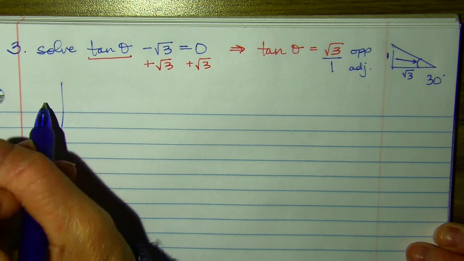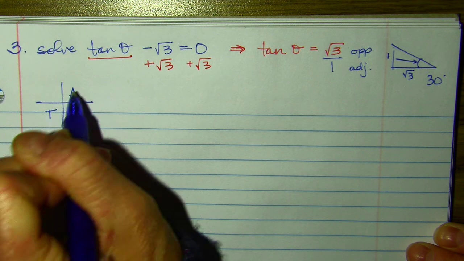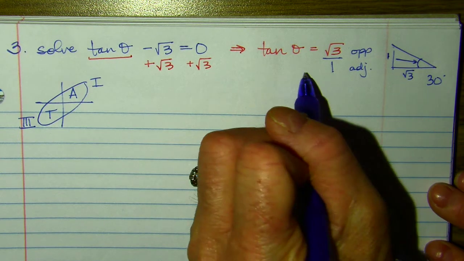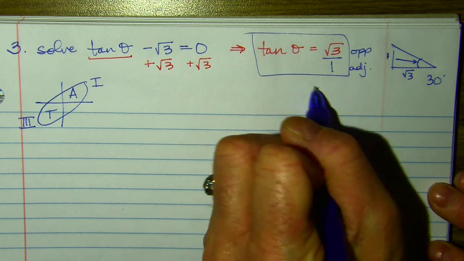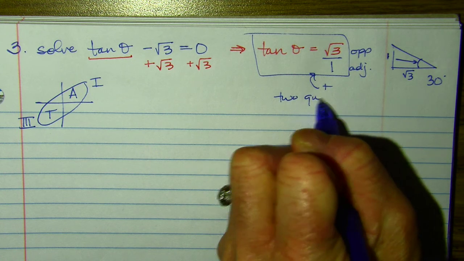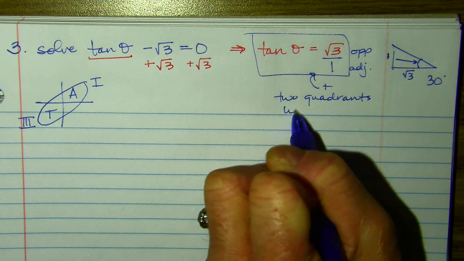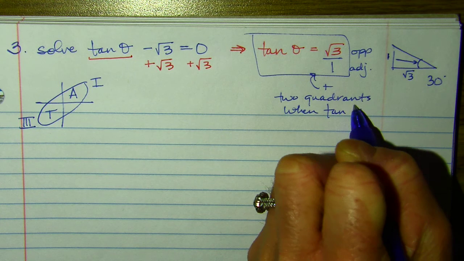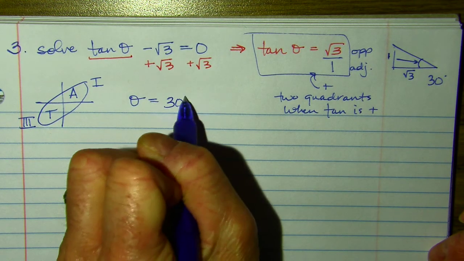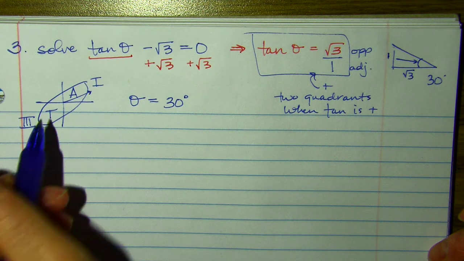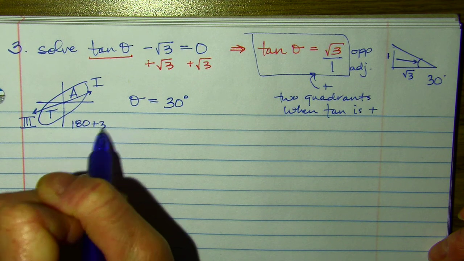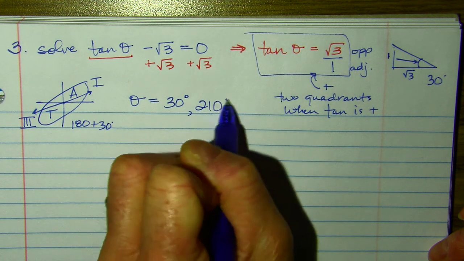Okay, so all students take, I'm looking at quadrant 1 and quadrant 3 because that's where tangent is positive. So I know theta would have to equal 30 degrees, but 30 degrees in this would be, again, 180 plus 30 degrees, which is 210.